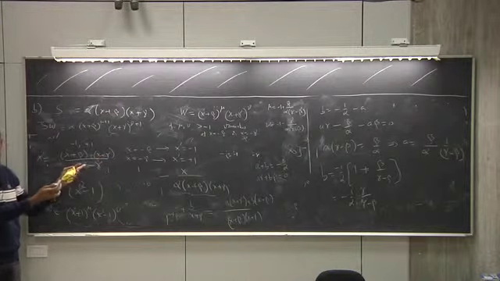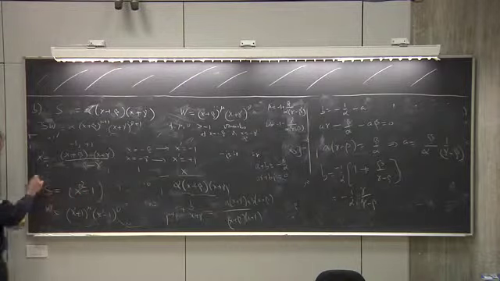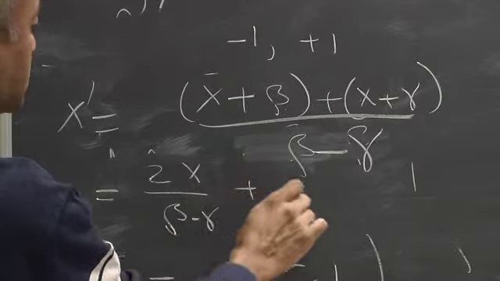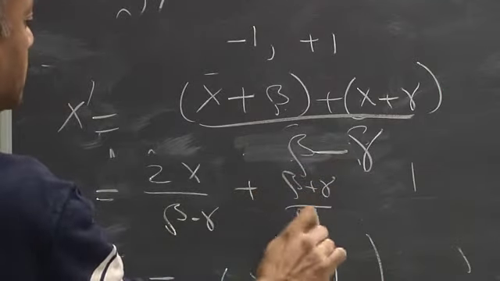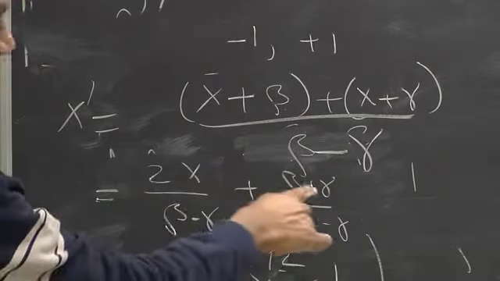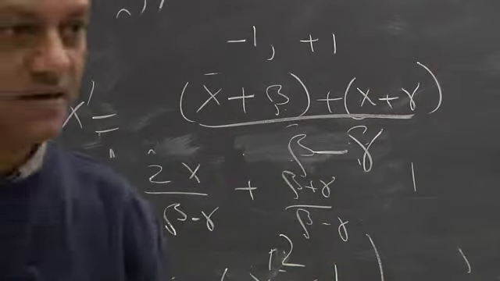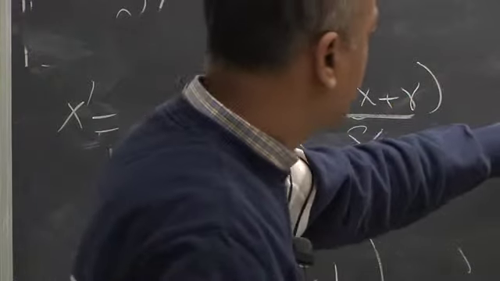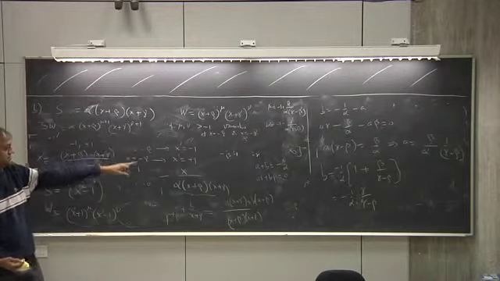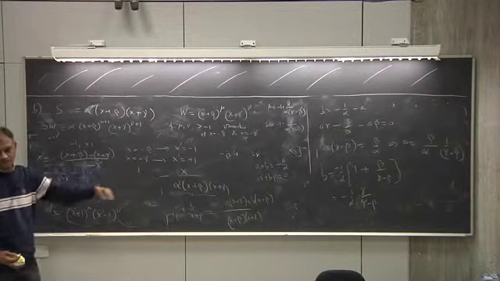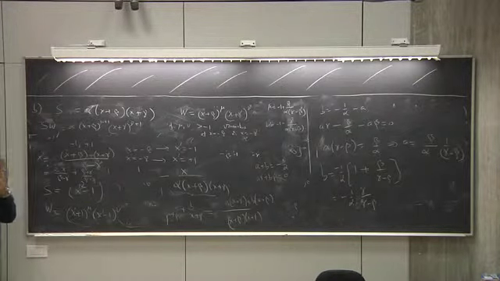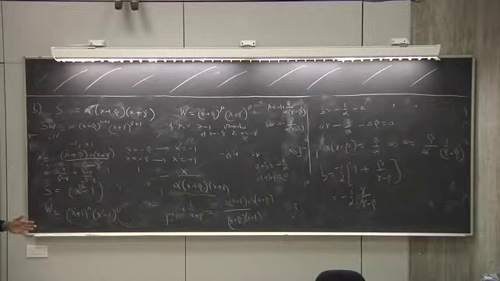X prime is equal to 2x over beta minus gamma plus beta plus gamma divided by beta minus gamma. So some constant times x plus another constant. With that, when x equal to minus beta, x prime is minus 1, and when x equal to minus gamma, x prime is plus 1. So by linear transformation you have brought the interval to minus 1 to plus 1. This is just for convenience; it could be anything.